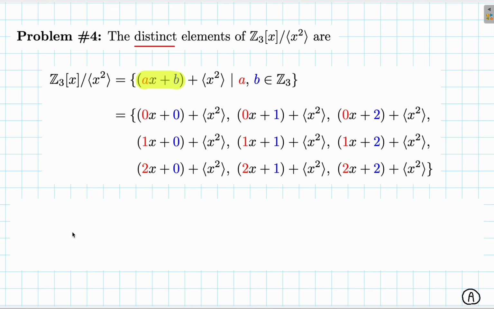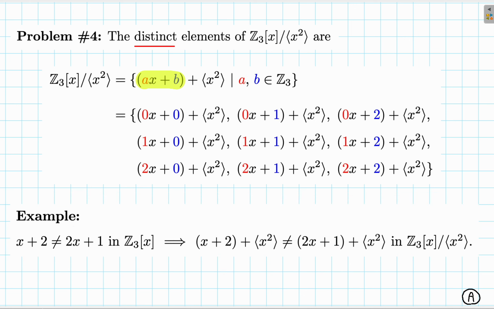So we're claiming, for example, that since x plus 2 does not equal 2x plus 1 as polynomials in Z3 bracket x, then their corresponding cosets are also different in the quotient ring. And the key here is that the difference of these coset representatives is not contained in bracket x squared. So we'll generalize this as a theorem and proof in the next slide.